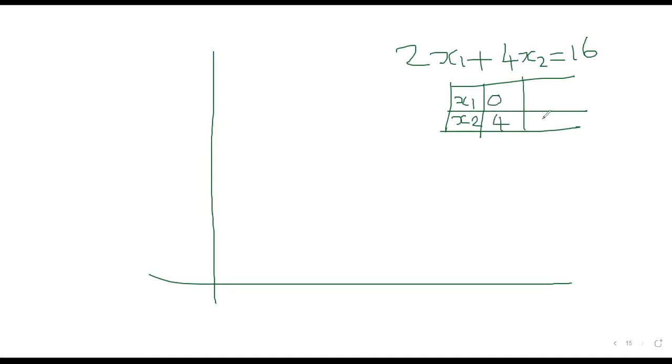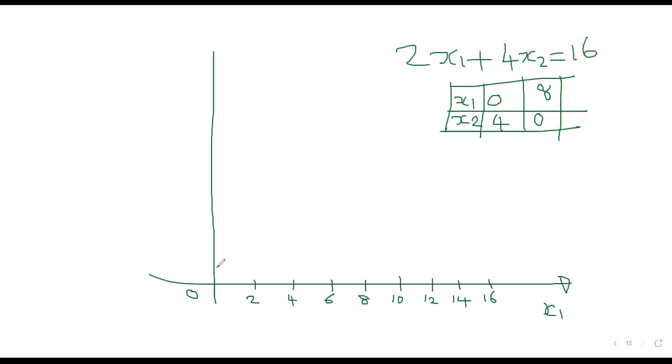If this is 0, this will be 8. So we can have 2, 4, 6, 8, 10, 12, 14, 16. This one we are simply saying is our x1.